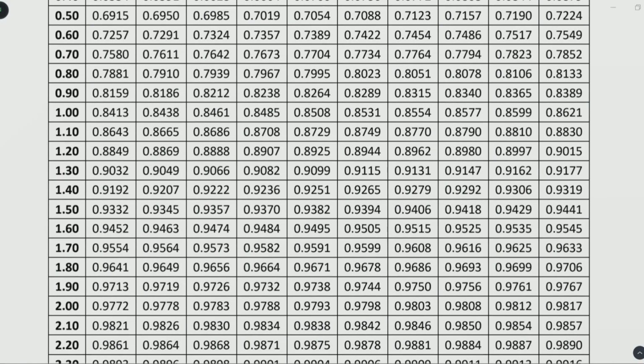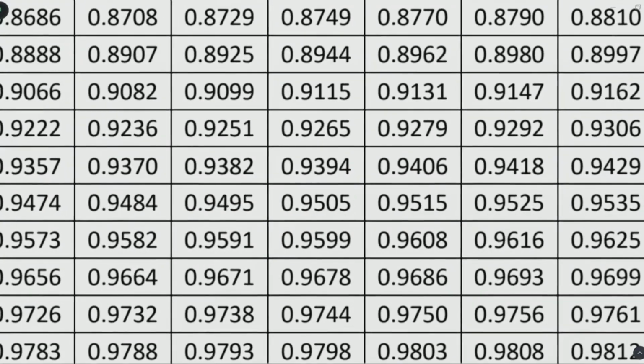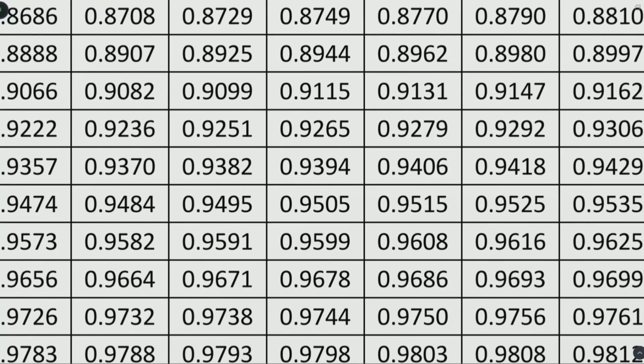Now look at this, 93, 93, 94. Now look at this particular part. I can find this zone, that is 0.9495 and 0.9505.